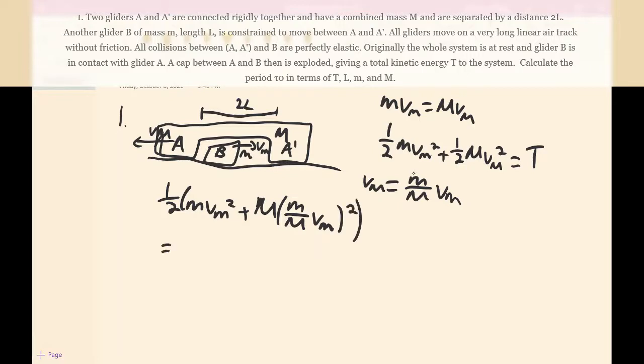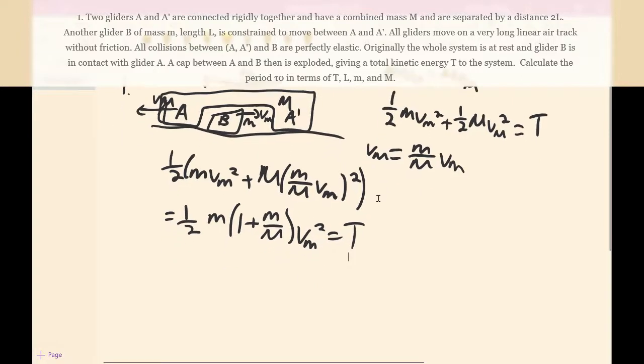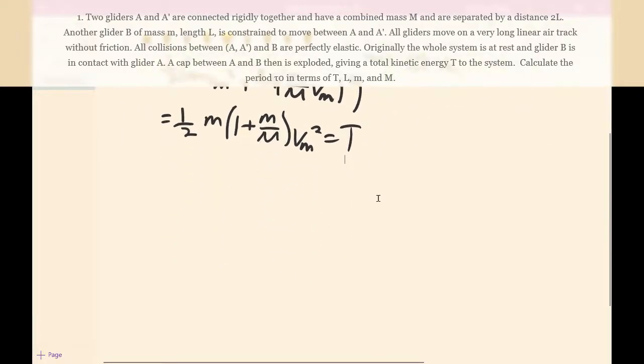And this is of course equal to 1/2 times m times 1 plus m over big M, and all of this multiplied by V small m squared, and this is equal to T. Okay, so now we can solve for this.